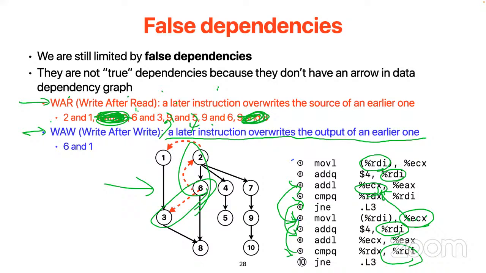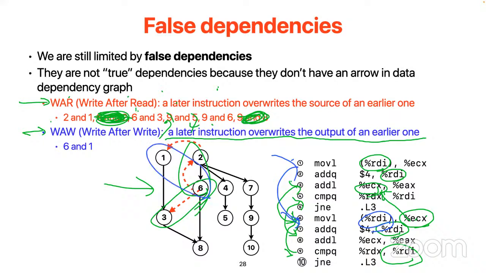For this instruction 6, if I have an updated value of RDI and I try to reorder it with the first instruction, it is going to make the output of the earlier one vanish. Those are examples of why we cannot reorder these instructions, even though there's no real dependency among them.